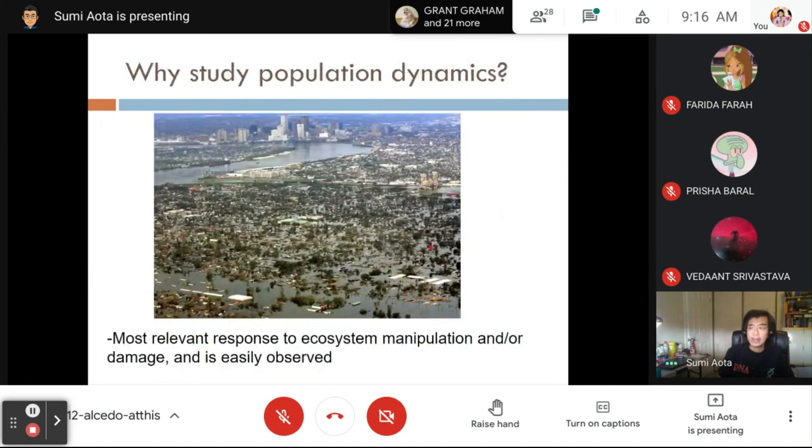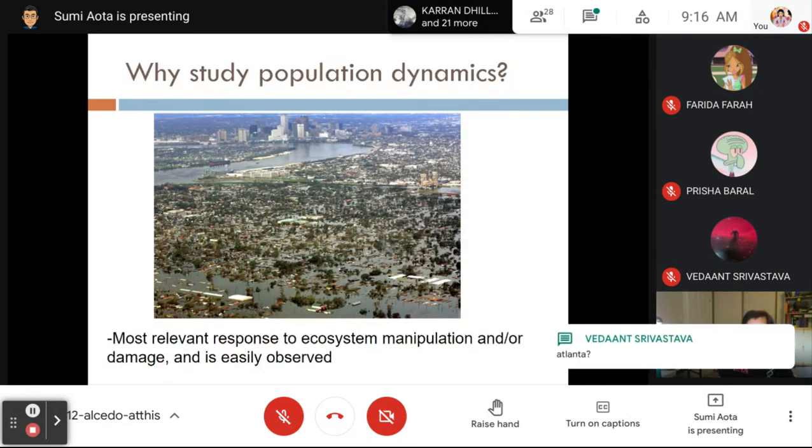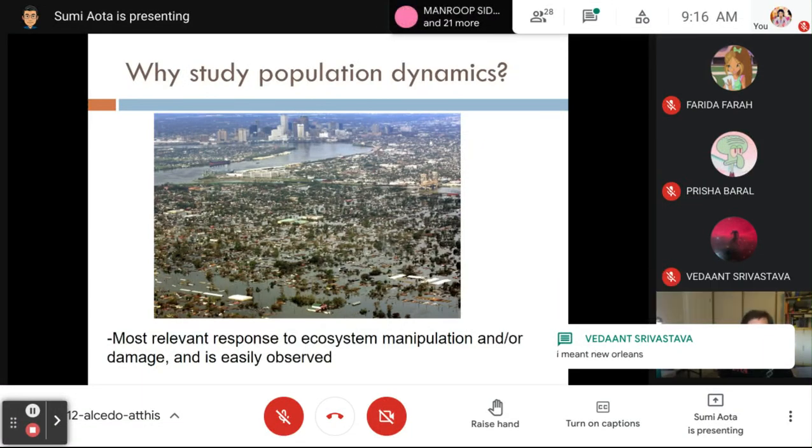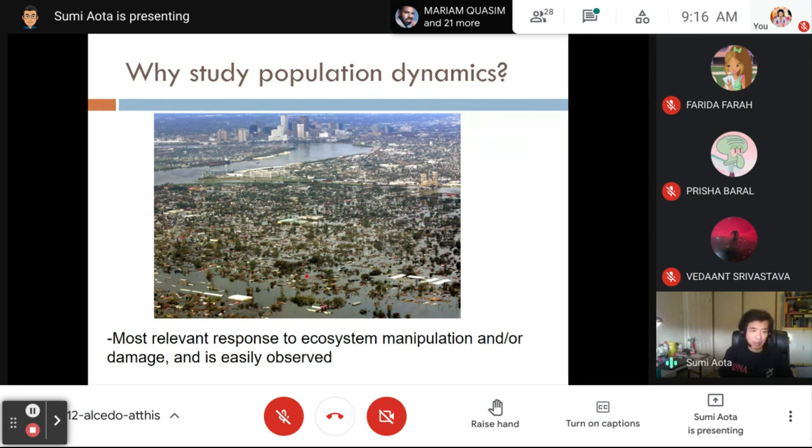Okay, any idea what city this is? Close. It's post Hurricane Katrina. Yeah. So this is New Orleans. And you can see what Hurricane Katrina basically did to New Orleans, right?